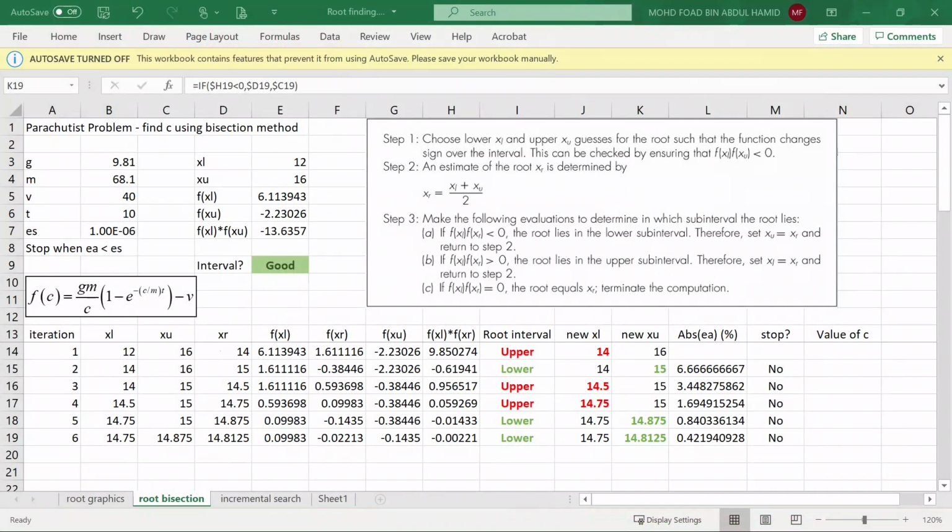My Excel sheet here can give us the information needed to calculate the total number of iterations needed for this example, for the requirement that the error must be smaller than 10 to the minus 6. So let's go to the slide.